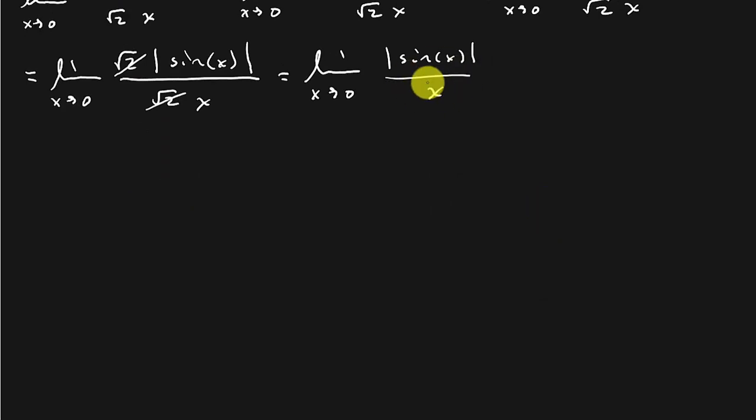Now to find this limit here, you can see if we plug in x, we get 0 over 0. Okay. So to do this limit, we can show that the limit from the left and the limit from the right have to equal the same thing in order for the limit to exist. So let's do the limit as x goes to 0 from the right.